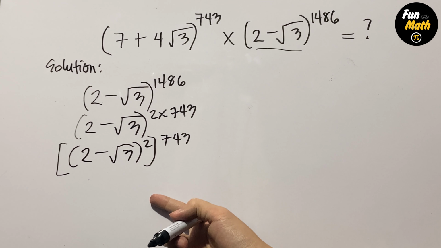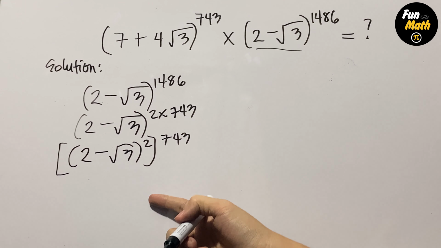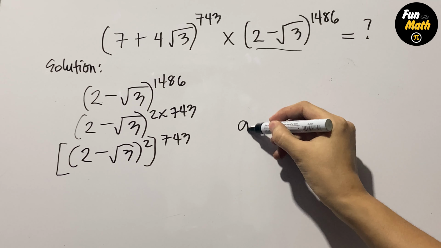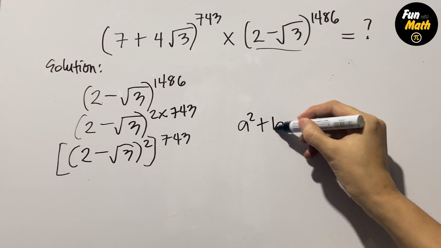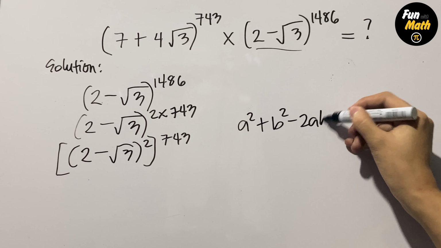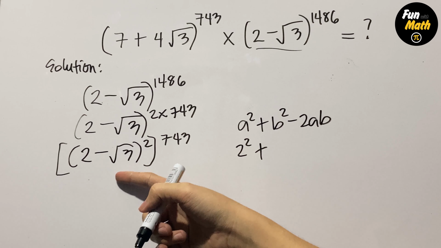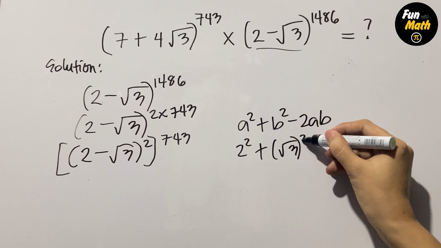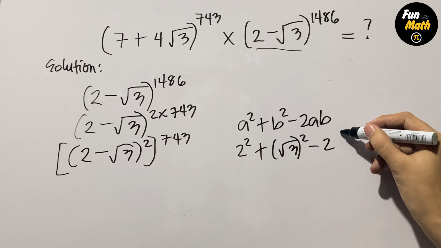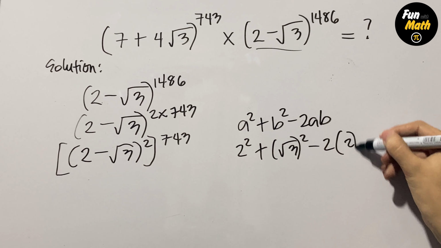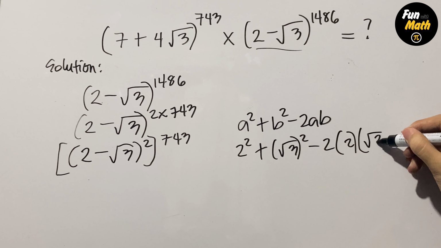And now, by using the expanded form of an identity, which is a squared plus b squared minus 2ab, this is 2 squared plus square root of 3 squared minus 2 times 2 times square root of 3.